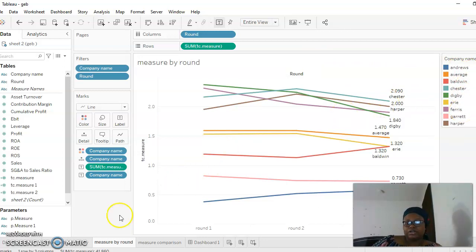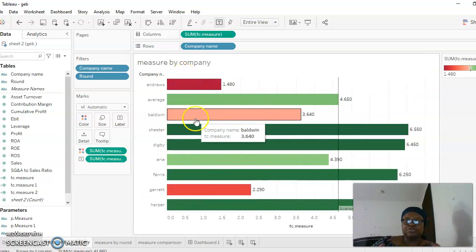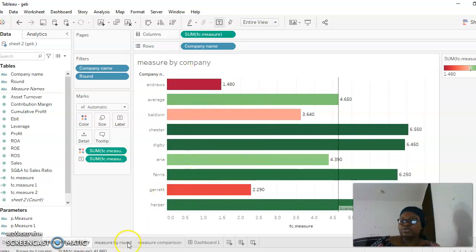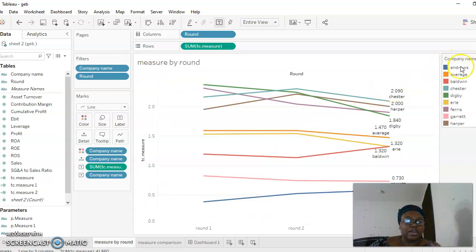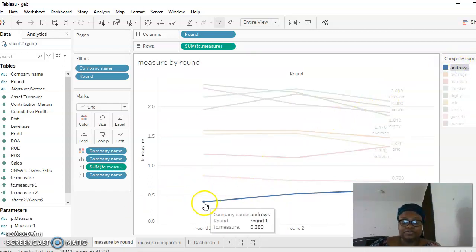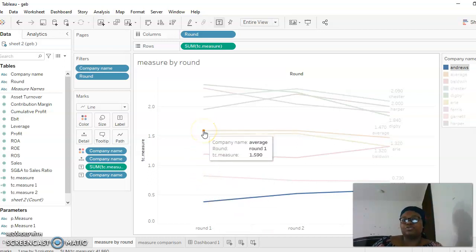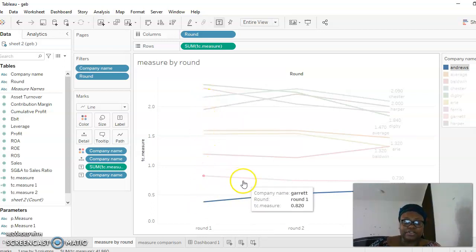From here we can see that the 3 companies in red are Andrews, Baldwin, and Garrett. So when we go here, Andrews first, and we can see the timeline. In round one, they were performing at 0.380, and the average in round one was 1.590. So you can see how that differs.